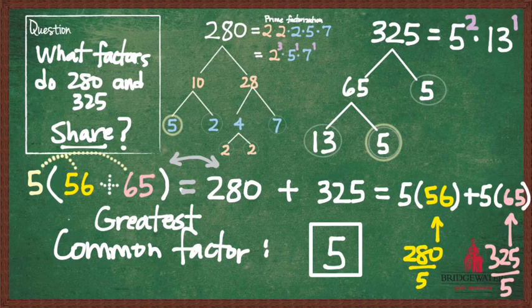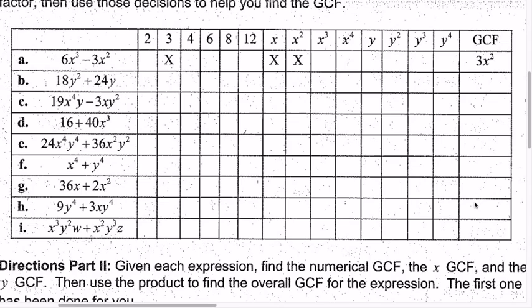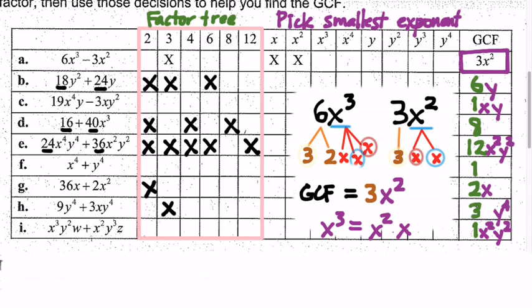And just to get us thinking in that direction, let's go back to one of the examples that was just on the screen. So let's say I pick, why don't we do part H? So here my expression is 9y to the fourth plus 3xy to the fourth.